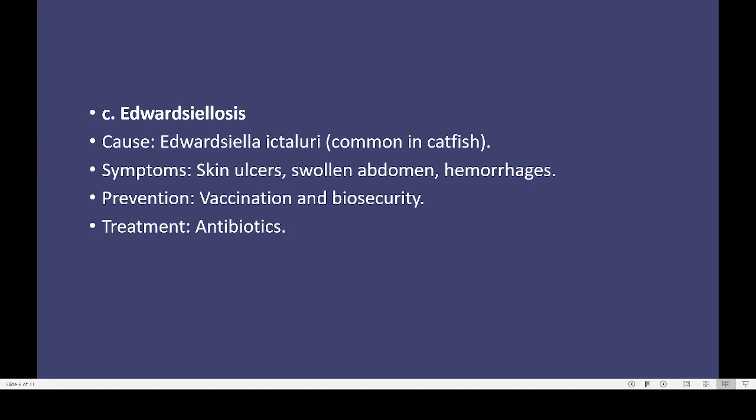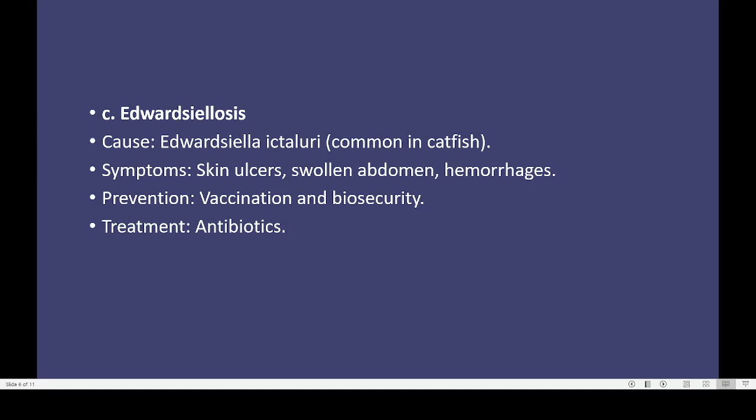Here you can see that. So this is one characteristic feature of the Edwardsiellosis fish disease. Here also you can see the skin ulcer, swollen abdomen, hemorrhages. Hemorrhages means blood leaking. It is mainly occurring in catfish, caused by Edwardsiella ictaluri. And the treatment is using some antibiotic like oxytetracycline.